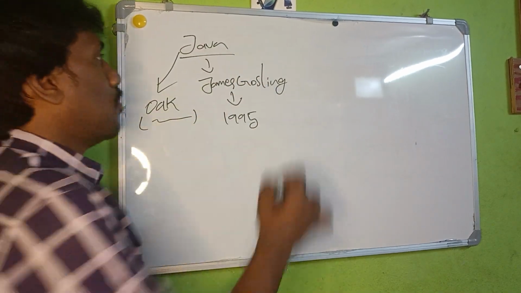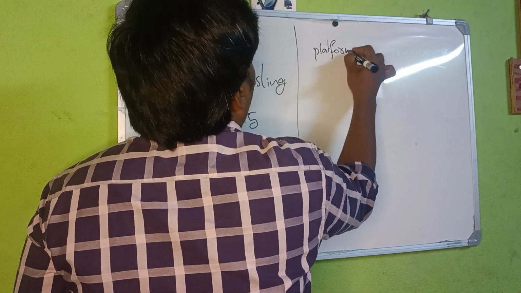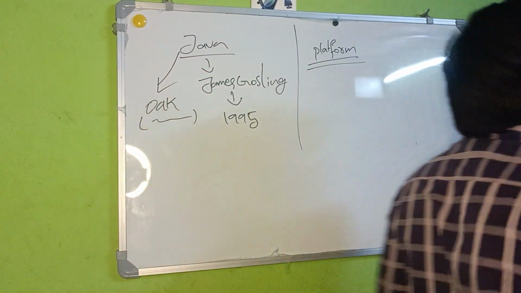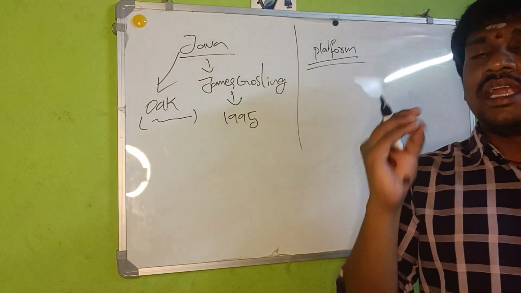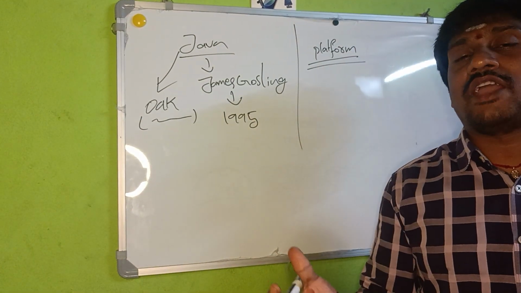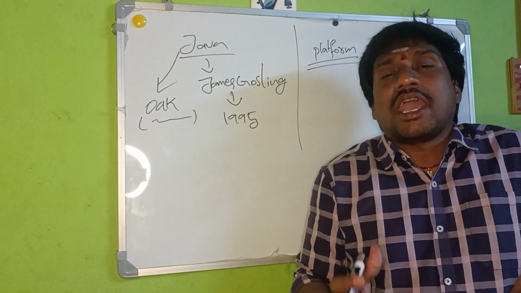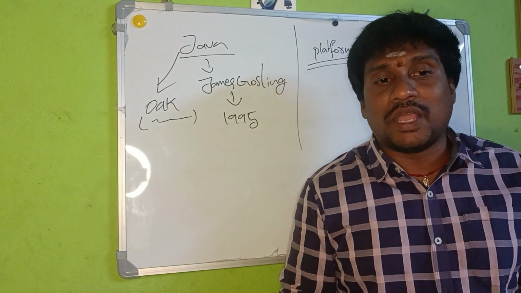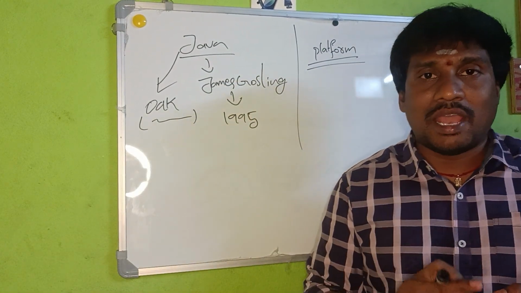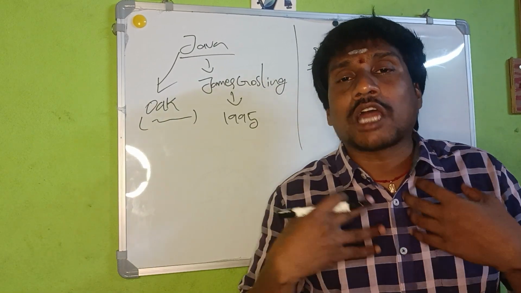Leave that. Next one, what is meant by platform? Any hardware or software which provides a way for execution of our program is known as a platform. It might be software, it might be hardware, which provides a way to execute our program.